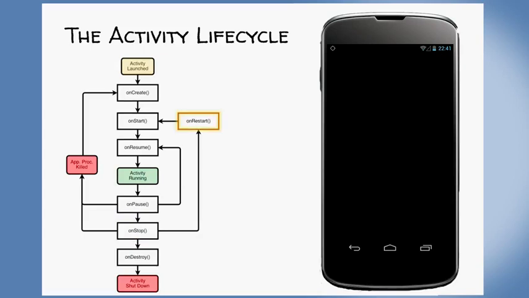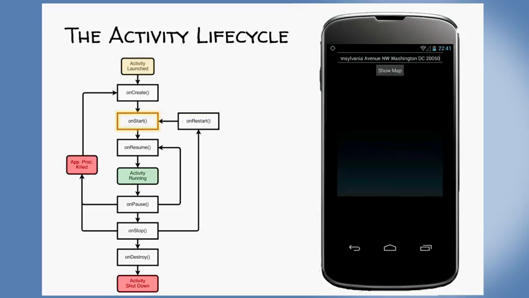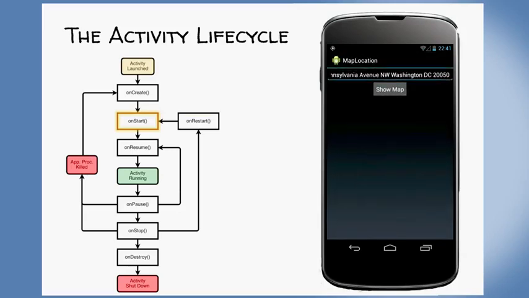So as Android does this, it will first call onRestart, and then onStart, and soon after this, MapLocation will again be visible. Next, Android will call MapLocation's onResume method, soon after which the MapLocation activity will be both visible and ready for user interaction.